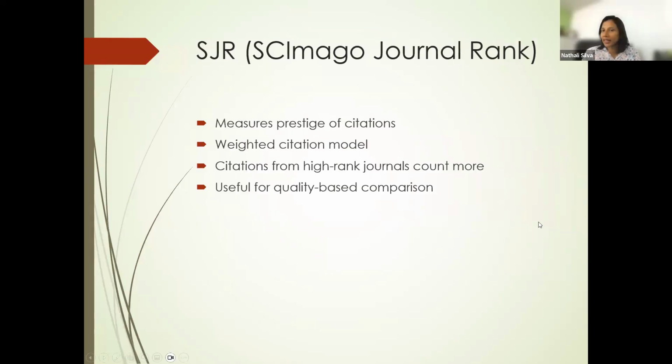And there is another ranking, which is SJR, the SCImago Journal Rank. This evaluates qualitatively as well. It measures the prestige of citations, which means if a particular article is getting cited by other scholars who have published in really good journals, then that increases the ranking or the value of SJR.